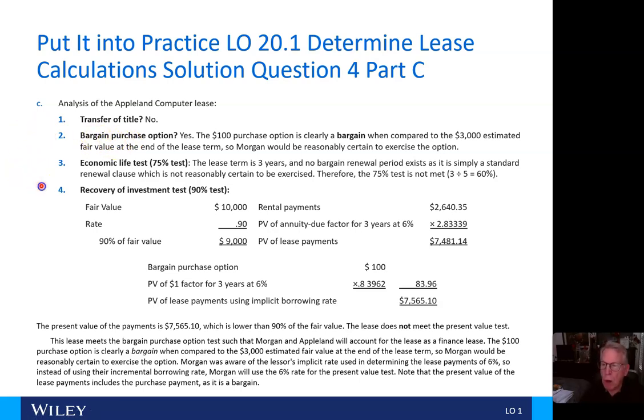And then number 4, the recovery of the investment test. Here the fair value was $10,000. We take 90% of that. That gives us $9,000. Whereas the rental payments were $2,640.35, and the present value annuity factor for 3 years at 6% is 2.83339.